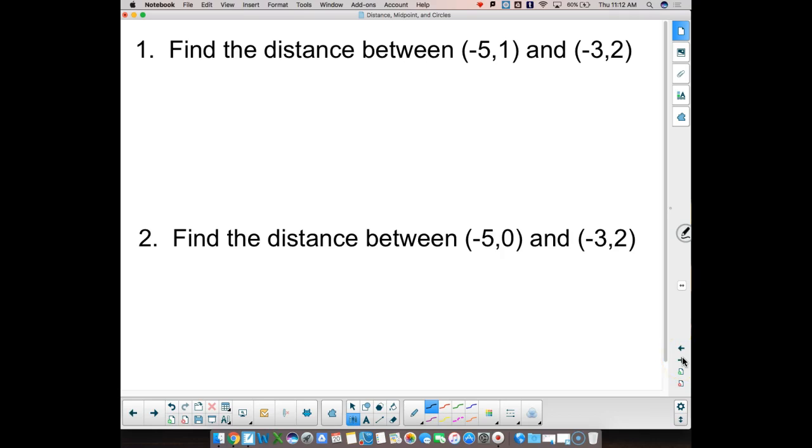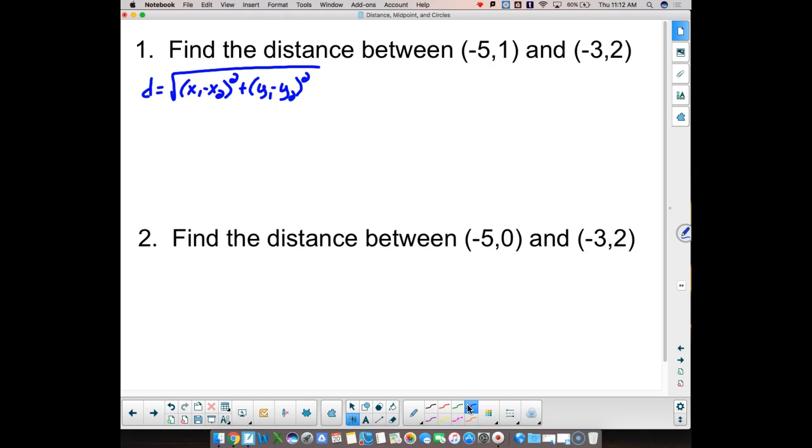Okay? So find the distance between those two points. Well, if I'm going to find the distance between those two points, my distance formula is d equals subtract the x's, square it, add that to subtracting the y's, square it, and then take the square root thereof.